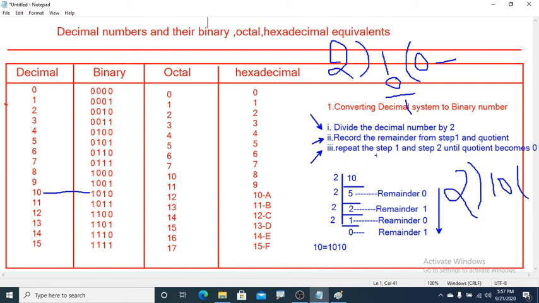Finally, repeat step 1 and step 2 until the quotient becomes 0. Finally we get the remainders from bottom to up, in this direction.